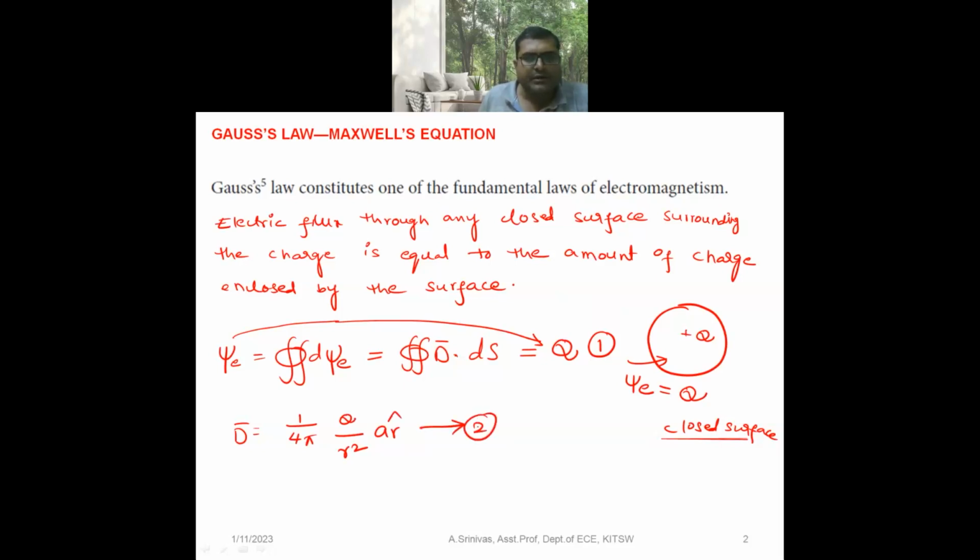Equation number 2: along the radial direction, the differential normal surface dS is equal to r square sine theta d theta d phi.